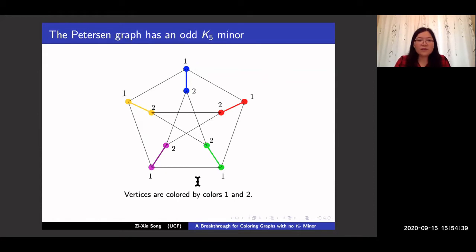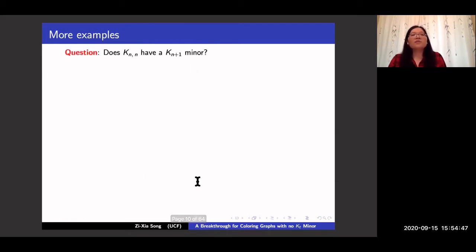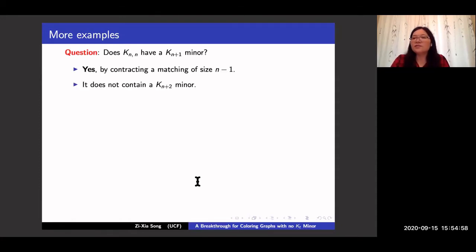So just in case you plan to read our papers, I try to give you more examples to make it easier to read. Now, for example, does Kn have a Kn plus 1 minor? If you think a little bit, you would know the answer is yes. If you contract a matching of size n minus 1, you get it. But you don't have a clique minor on n plus 2 vertices.